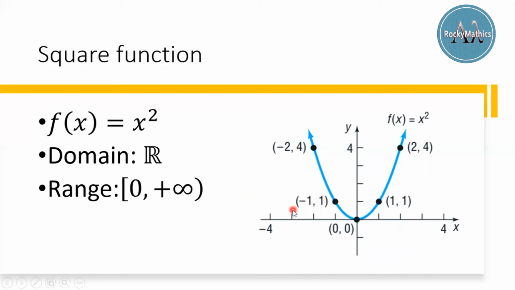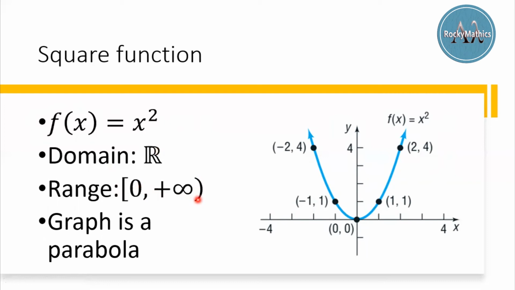For example, since the equation is x squared, if x is negative 1, then the function value is 1. If x is negative 2, the function value is 4, right? So that's why the range, which is the set of outputs, is the set of all real numbers greater than or equal to 0, or shall we say 0 to positive infinity.